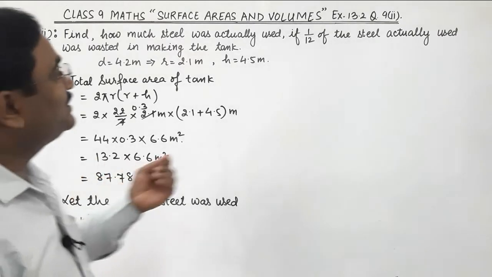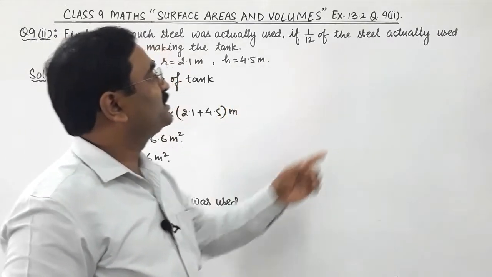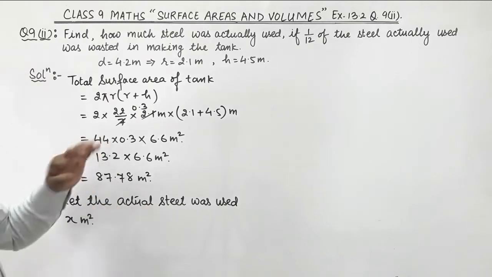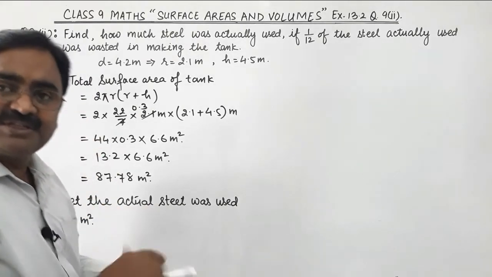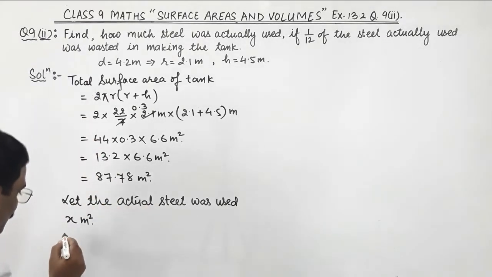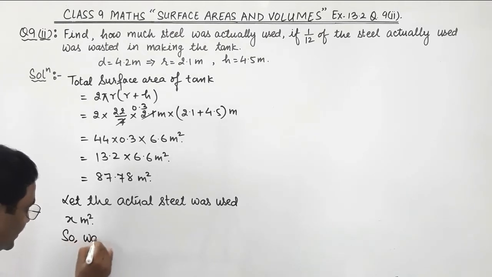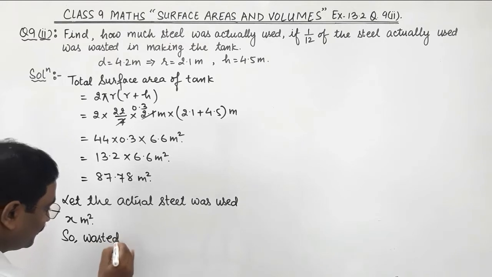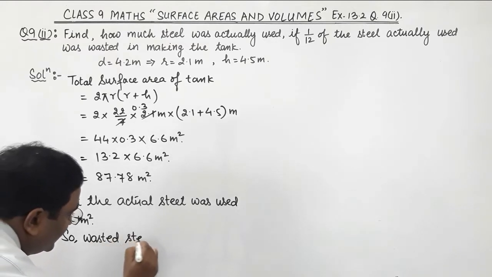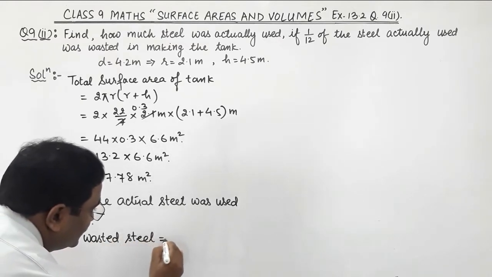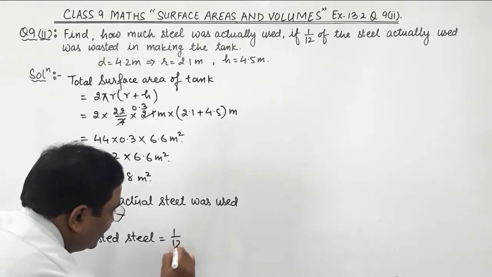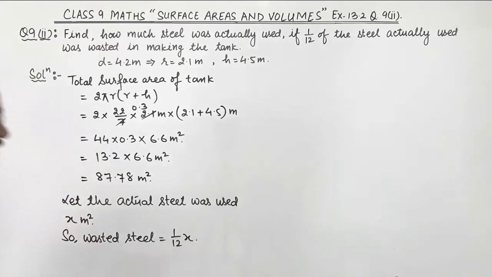Now, as it is given that 1/12 of the steel actually used is wastage, let us find out the wastage steel. Therefore, wastage steel is equal to 1/12 of x, right?